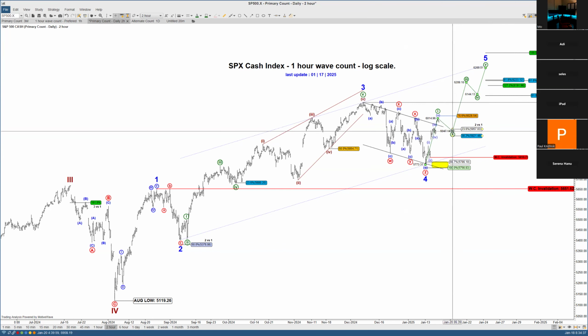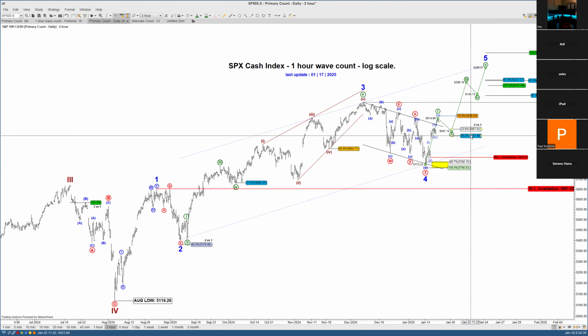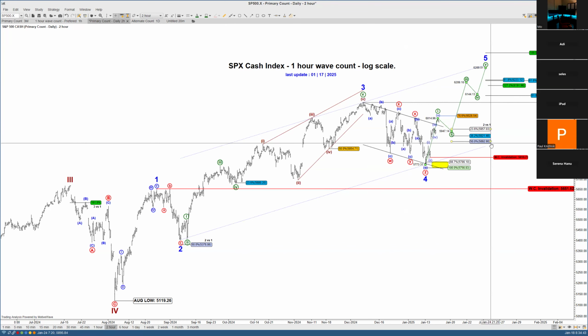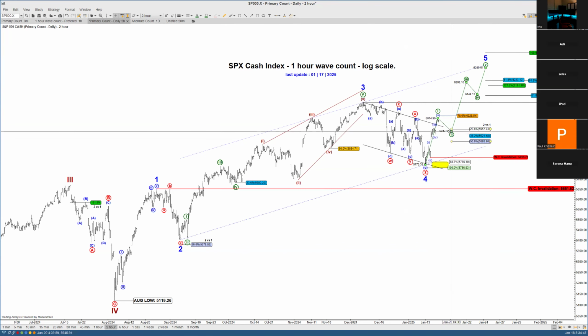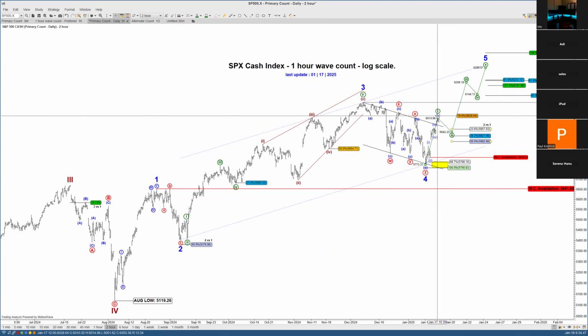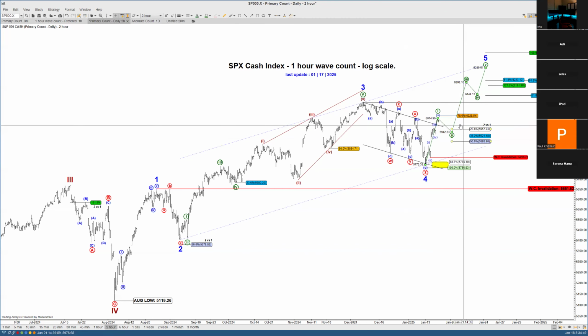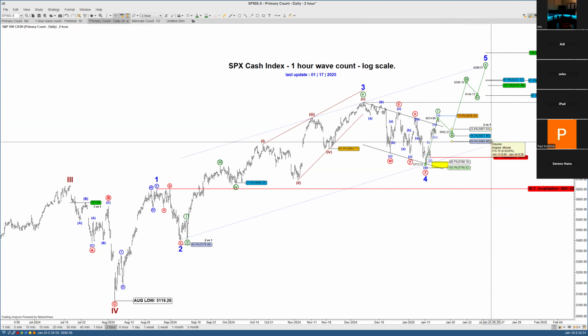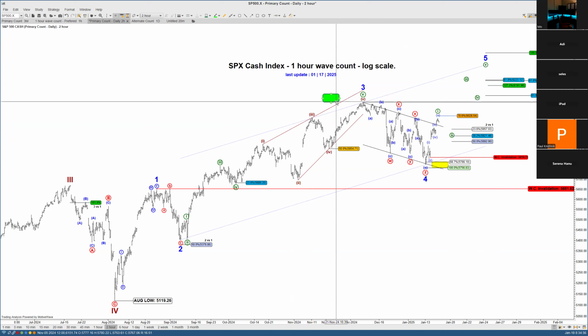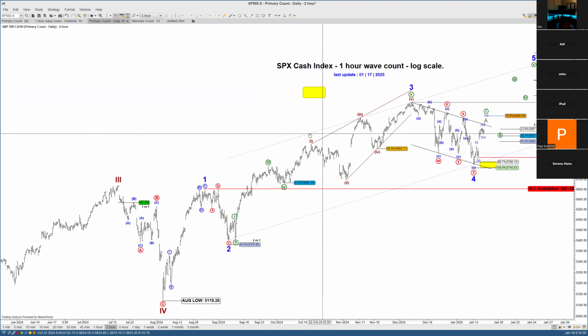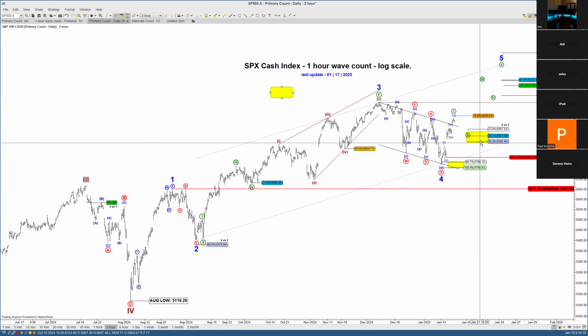So for the 2 versus 1, we would have 23.6 and 38.2 down to 50%. Now we're going to have to see how this wave 2 is going to unfold here.